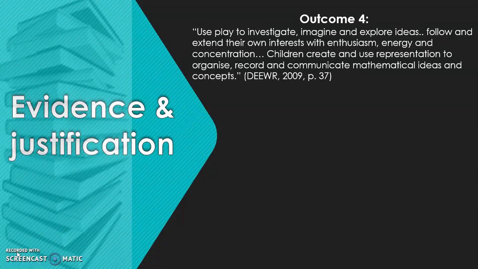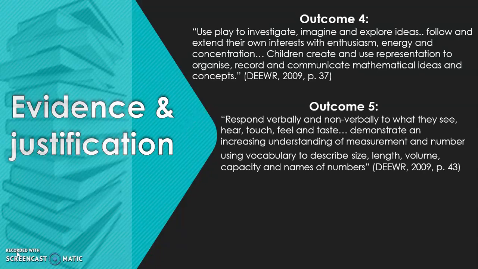Further, Outcome 5, children are effective communicators. Sub-outcomes, respond verbally and non-verbally to what they see, hear, touch, feel and taste, demonstrate increasing understanding of measurement and numbers using vocabulary to describe length, volume, capacity, and names of numbers. EDU10003 A2 page 43.